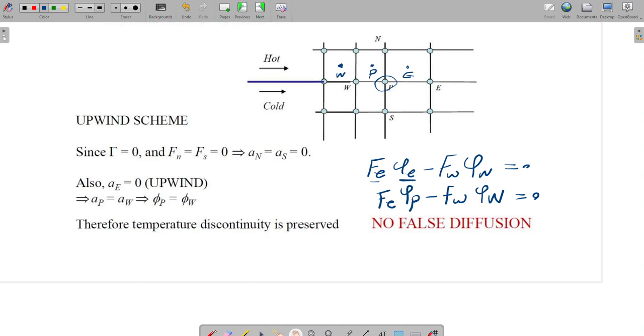If we use the continuity equation, Fe minus Fw equals 0.